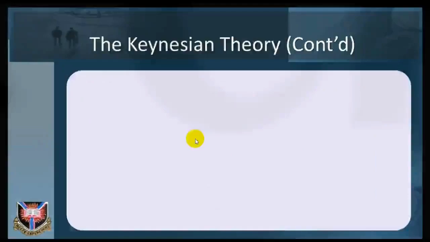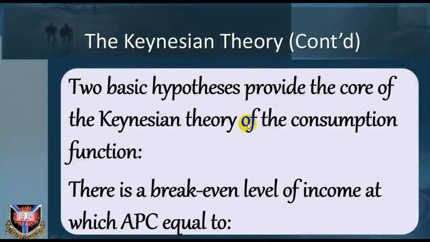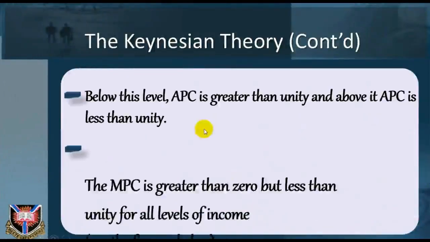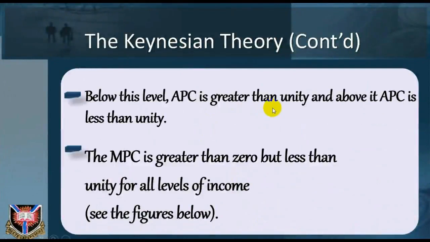Two basic hypotheses provide the core of the Keynesian theory of the consumption function. Number one, there is a break-even level of income at which APC equals 1. Below this level, APC is greater than 1, and above it, APC is less than 1.